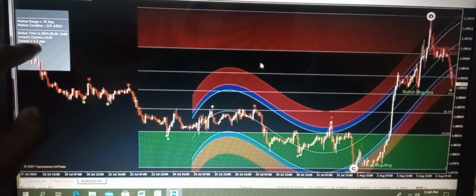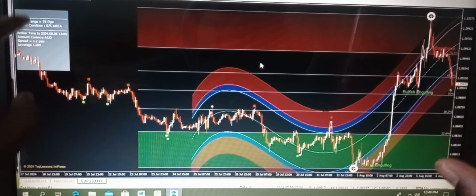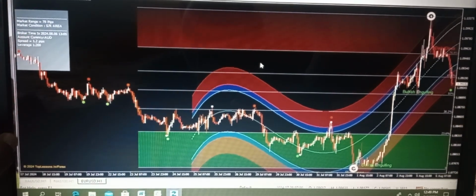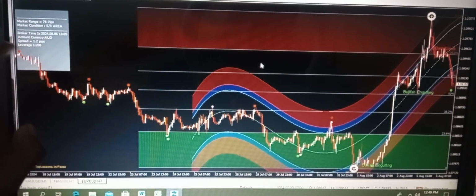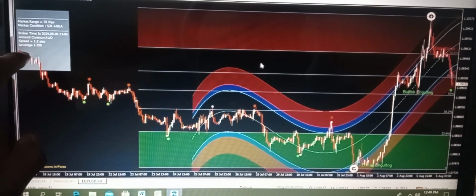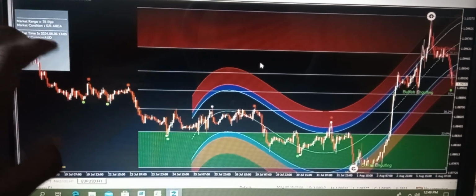So if it says spread 1.2 pips, it has calculated what spread you are working on currently on EUR/USD, because the spread changes on each and every currency. Each and every currency has its own spread, right? And then below it says leverage, which is 1:200, meaning this is the leverage that I'm using on this account. So it will show you all these indicators.